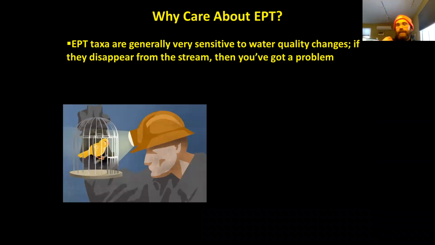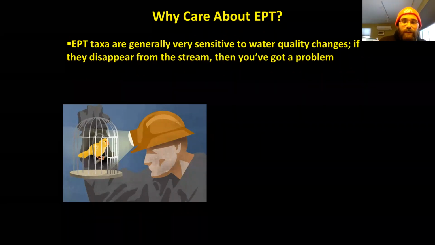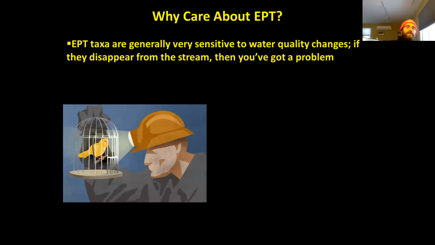So they act like the canary in the coal mine situation, where for those who don't know, coal miners used to take canaries down into the coal mines, and when conditions got too dangerous, like oxygen levels dropping, etc., and dangerous gases building up, if the canary stopped singing, the canary kicked the bucket.